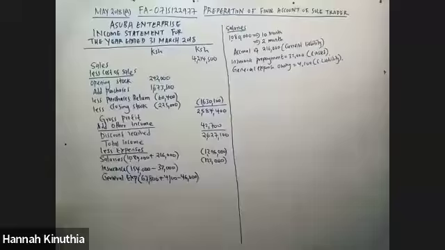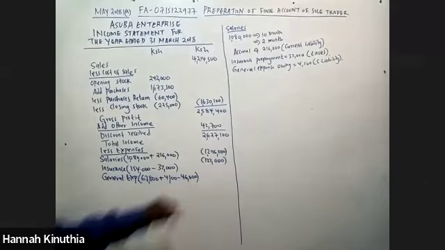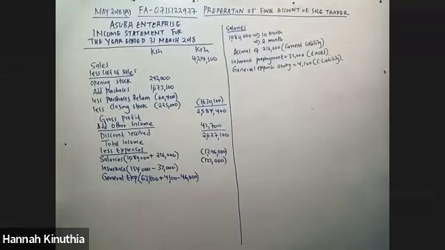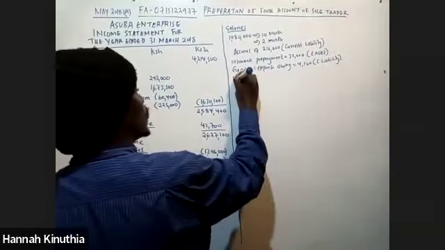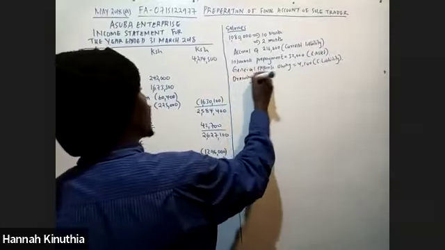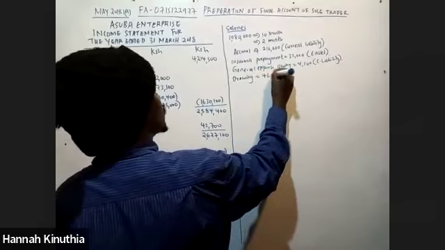Na ukumbuke pia hii itaenda ipungue, ilikuwa ni 46,000. Na ukumbuke pia that amount will also affect the drawings account, not the capital account. There is drawings ya ngapi? 46,000.